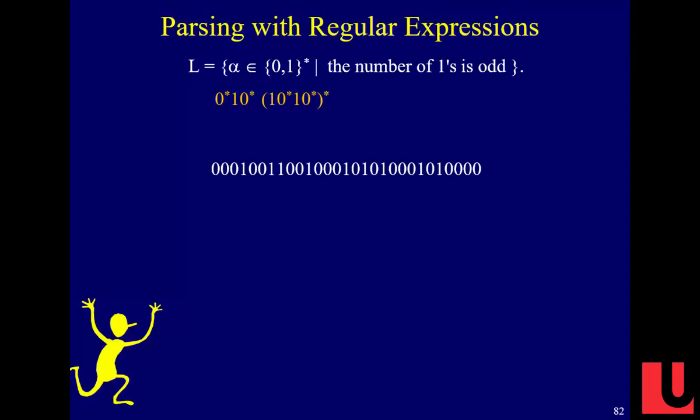So what we're now going to do is give an argument for why that string is expressed by that regular expression. If you count them, there should be an odd number of ones, and I'm going to claim that we can get that somehow. And how are we going to get it?